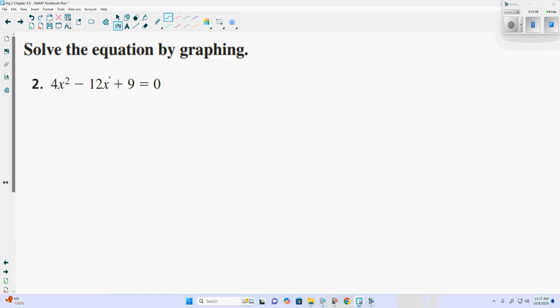Now, if we look back at this here, 4x squared minus 12x plus 9, we can factor it. If the third term is positive, the signs are the same and match the sign of the middle term. So here it would be negative and negative.